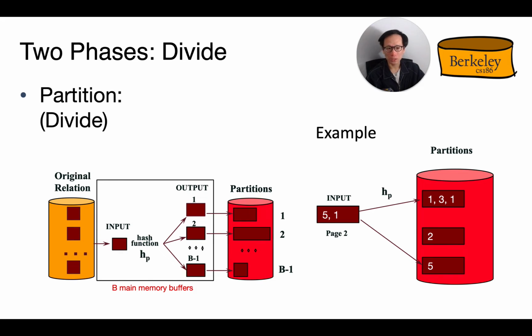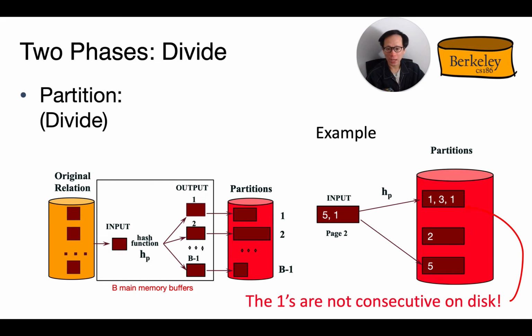First, because the 1 records appear in different data pages, they are actually not stored consecutively on the disk, even though they both belong to the same partition. Second, notice that after partitioning, we ended up with 3 data pages on the disk, while the original relation only used 2 pages.